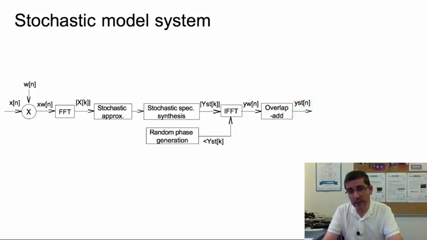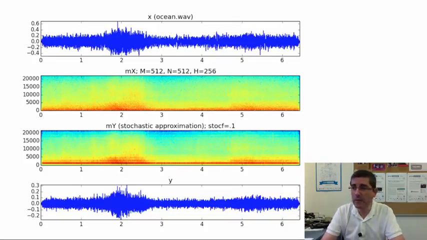So let's listen to an example. This is the ocean sound that we played before. The first plot is the magnitude spectrum, the absolute value of the spectrum of the whole sound, the spectrogram, computed with a particular window, FFT size and hop size. Then the stochastic approximation is a visualization of these much fewer coefficients.